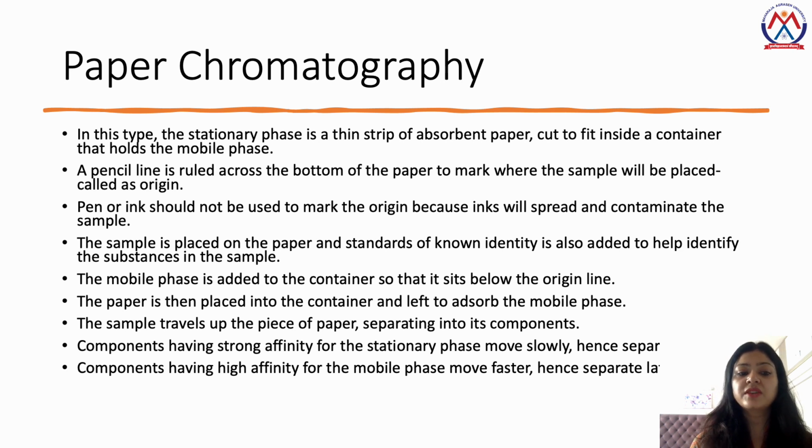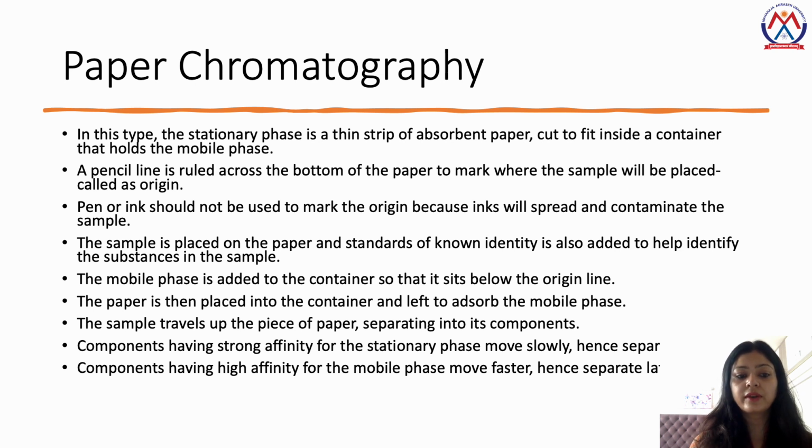The sample is placed on the paper and standards of known identities are also added to help identify the substances in the sample. The mobile phase is added to the container so that it sits below the origin line. The paper is then placed into the container and left to absorb the mobile phase.